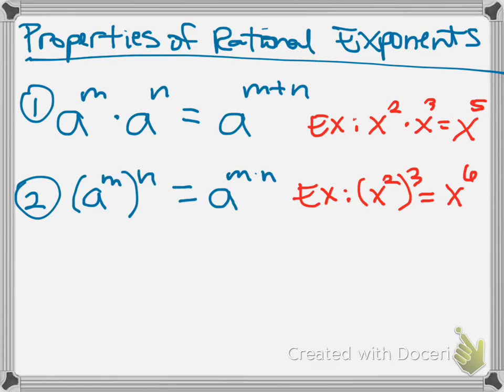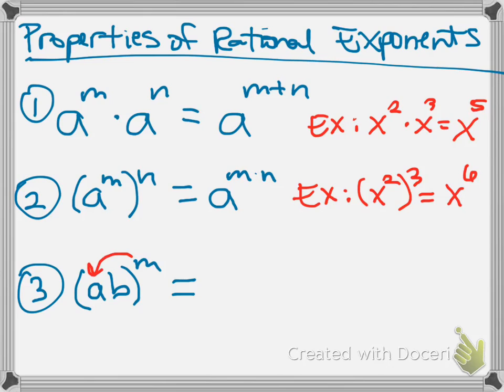One last property that you need to be familiar with is that if you have two factors inside of a set of parentheses and you're raising both factors to some exponent, we'll do the product ab to the mth power here, it's the same idea sort of as distribution.